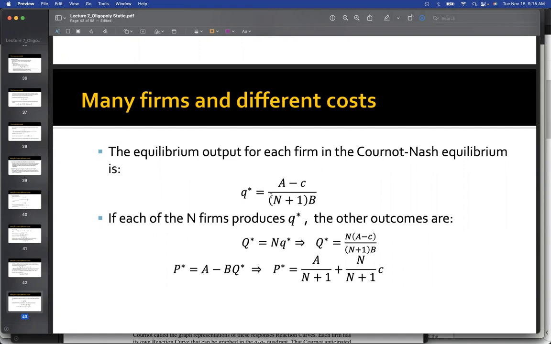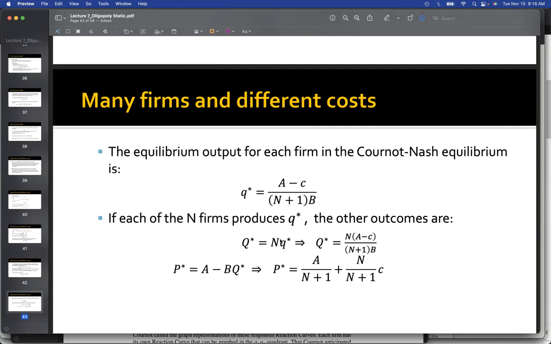Okay, so in general, as n goes to infinity, what happens to each firm's output? Okay, will tend to go smaller, but we don't really care about each firm's output, but the total output.